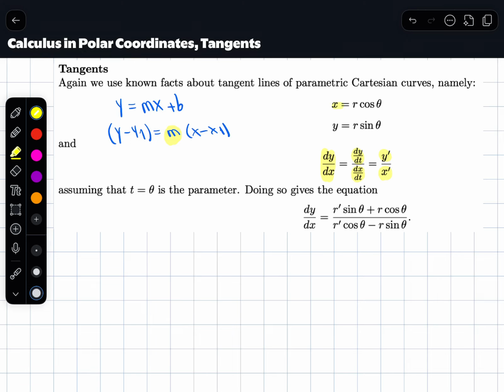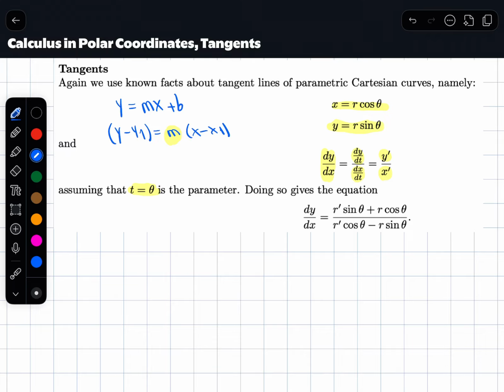So the only thing we have to do now is to consider that t is theta, so the parameter is the angle, and same as what we did with arc length, rewrite this formula for x equals r cosine theta and y equals r sine theta.